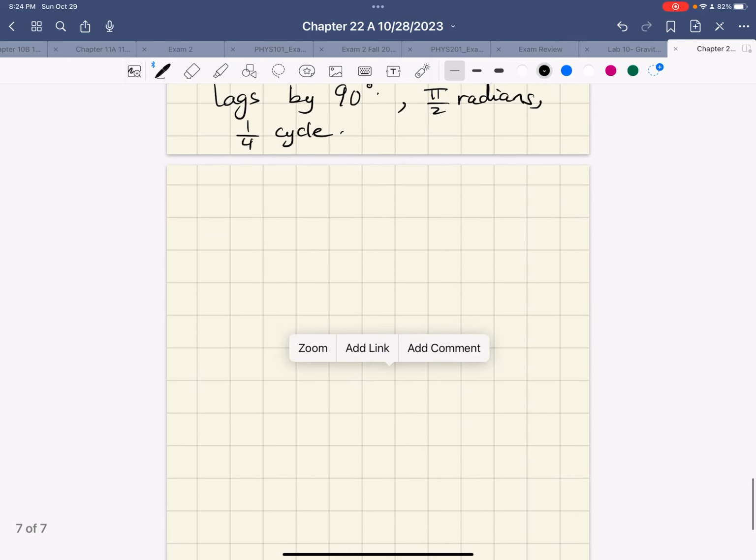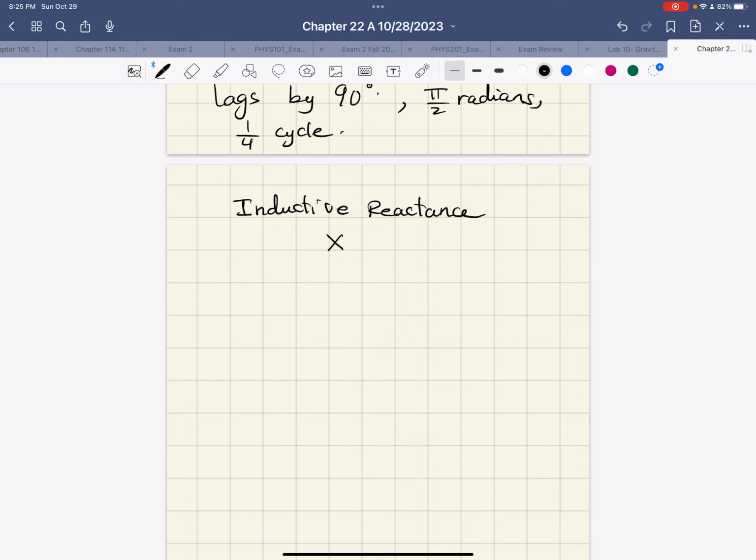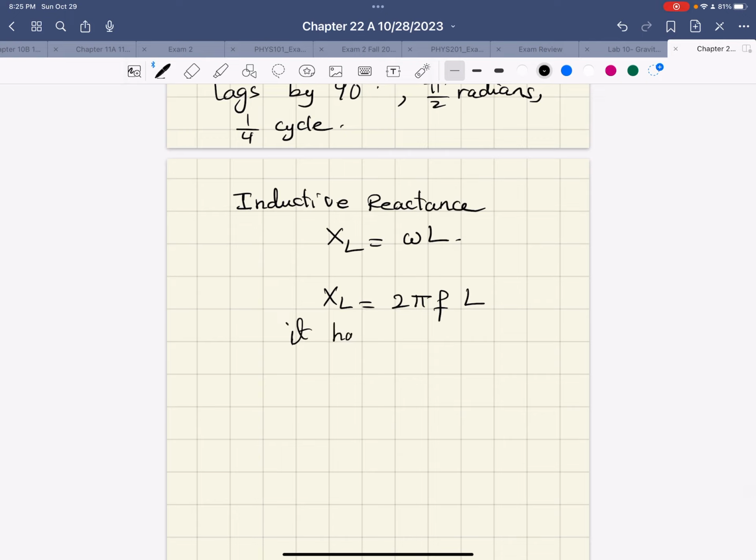Now, we will be able to define something called inductive reactance. It's very similar to resistance, and it is XL equals omega times L, or we can write it as XL equals 2 pi times the frequency times L. It has units of ohms.